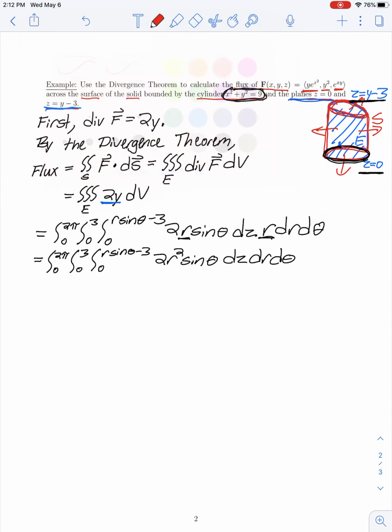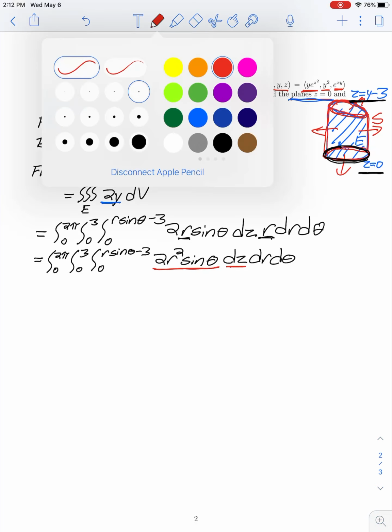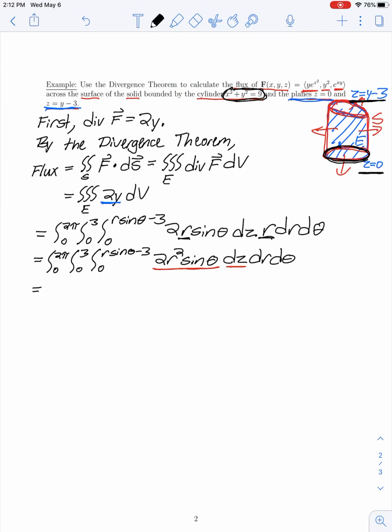So our innermost function, 2r squared sine of theta, is a constant with respect to the innermost integral z. So integrating a constant function over an interval gives us that constant times the length of that interval. So we have the integral from 0 to 2 pi and from 0 to 3.